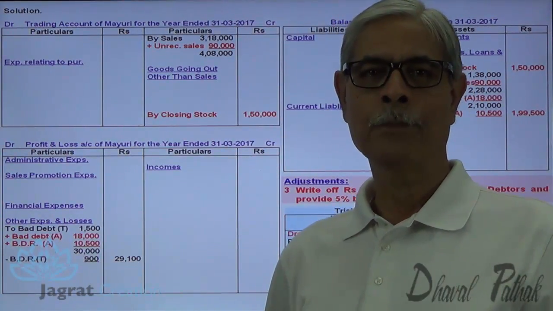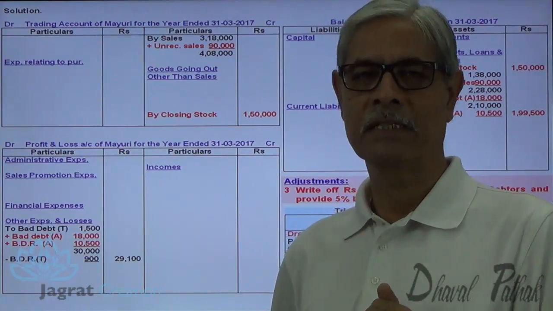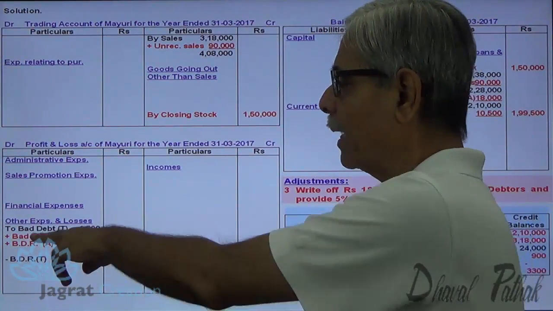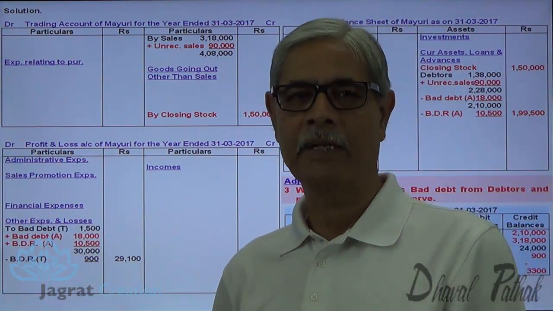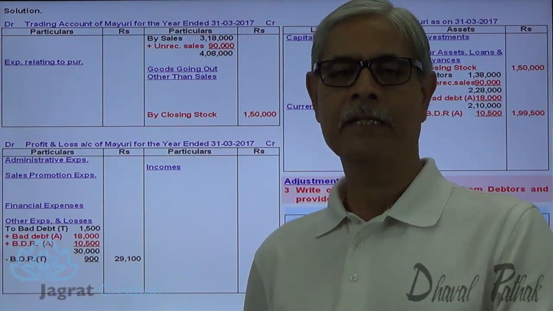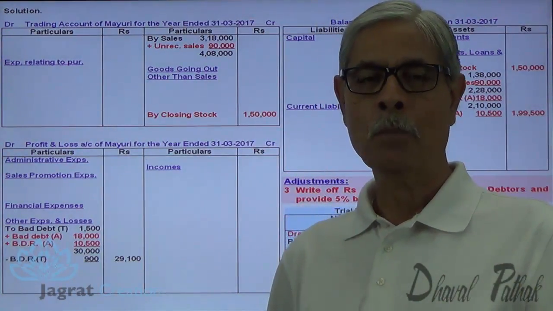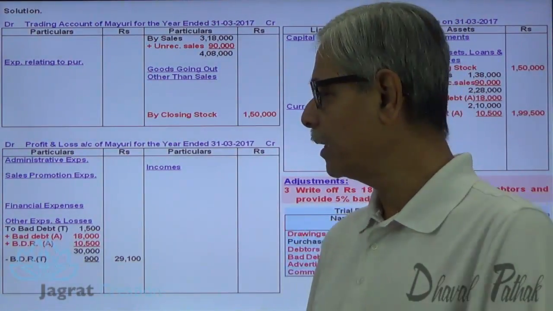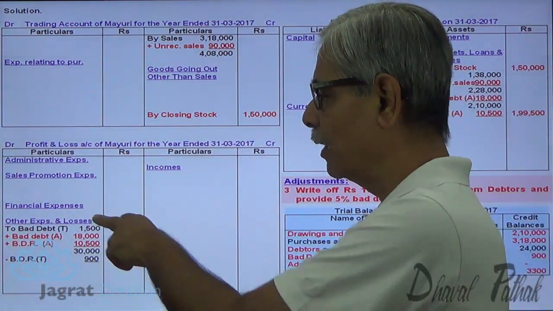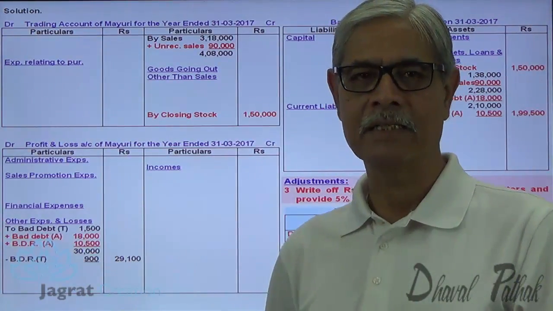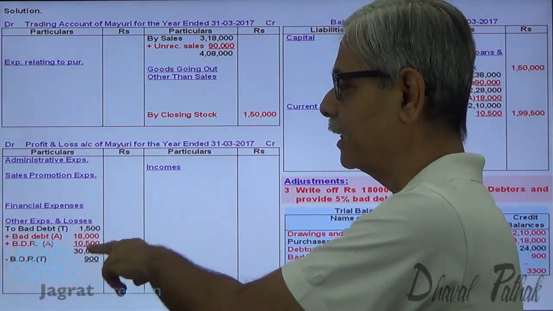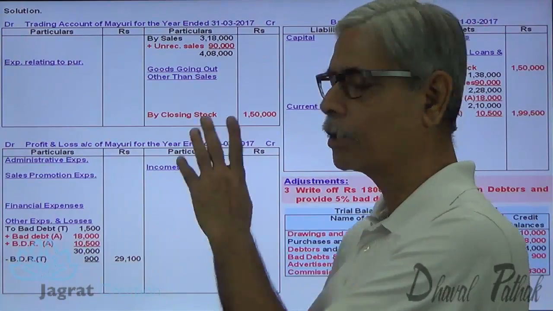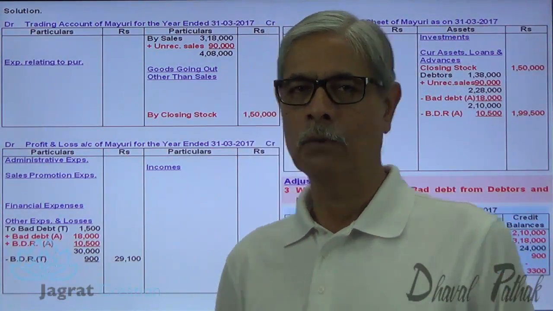So there is a surplus of loss against provision of 600 over and above. Bad debt loss found at the end of the accounting period is 18,000. That is also required to be debited being a loss, and the additional provision required on the debtors at the end of the year is 10,500. So 1,500 minus 900, 600, plus 18,000 plus 10,500, that is to be debited to profit and loss account.